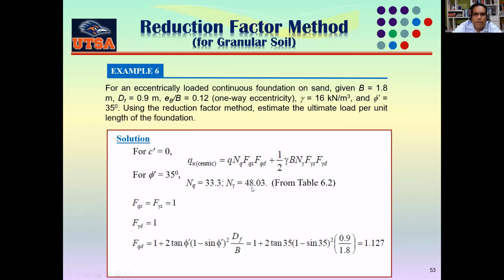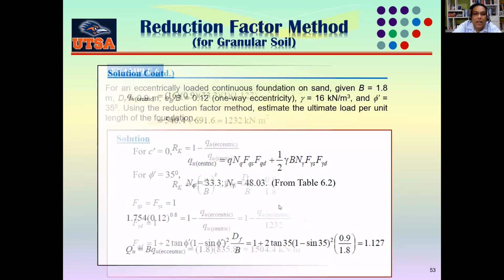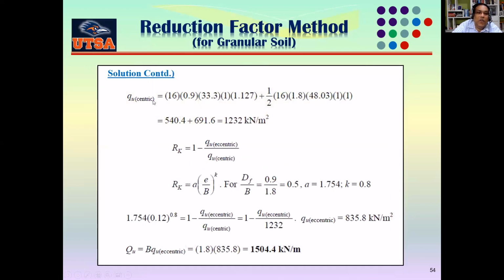That's for the bearing capacity factors for the general bearing capacity equation. Now you can see, since this is a continuous foundation, F_qs and F_gammas equal to 1, F_gammad equal to 1. You just find out your F_qd from there, and this is basically your centric value, okay?